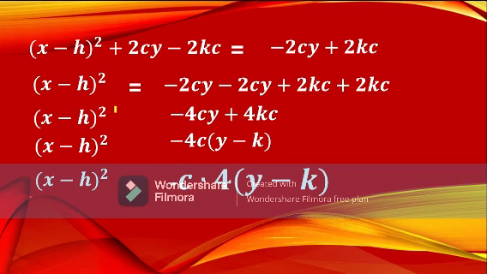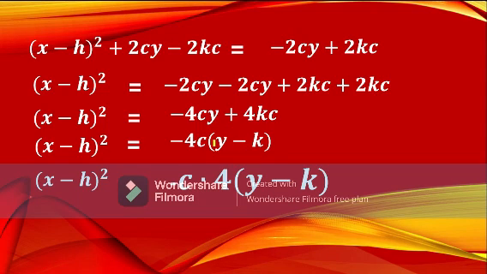So that will be (x - h)² is equal to -4cy + 4kc. Then (x - h)² is equal to -4c(y - k).